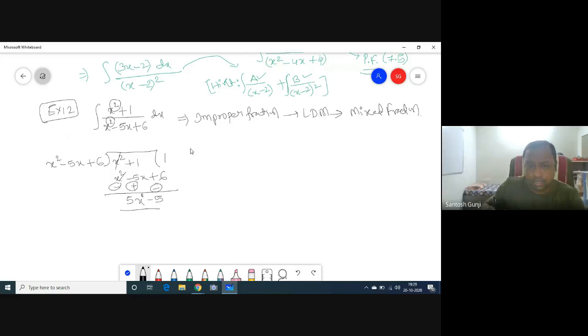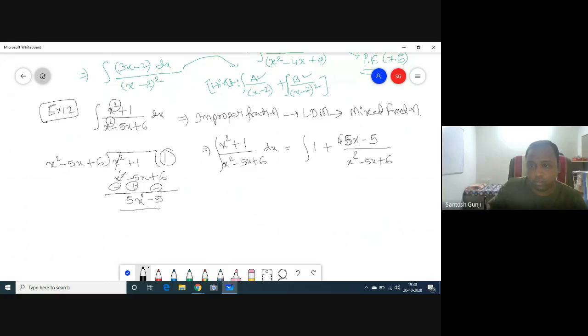Hence, this fraction is going to be expressible as x square plus 1 upon x square minus 5x plus 6. This is going to be written as a mixed fraction: 1 is the quotient, 1 plus the remainder, which is 5x minus 5 upon x square minus 5x plus 6.